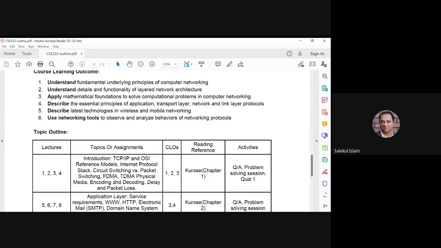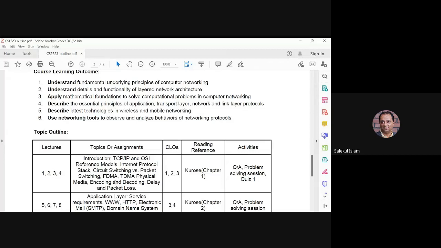Other than that, we had many other things, many other specifications in our book, that means in our syllabus. But day by day, we have removed those things from our syllabus, and now we are concentrating on the internet.